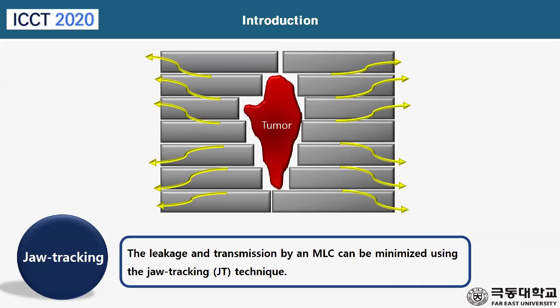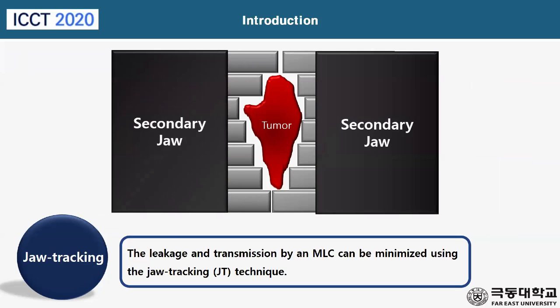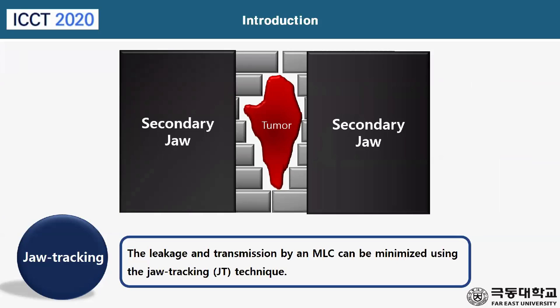The leakage and the transmission by an MLC can be minimized using the jaw tracking technique. Jaw tracking technique is a method to minimize the leakage and transmission of radiation by the secondary jaw tracking the end of an MLC during the intensity modulation using an MLC.